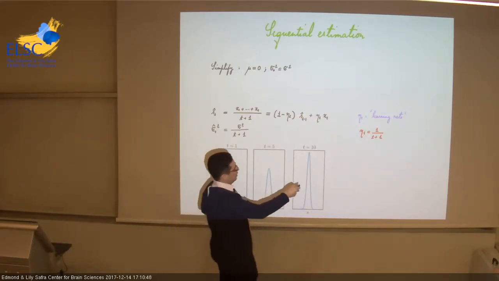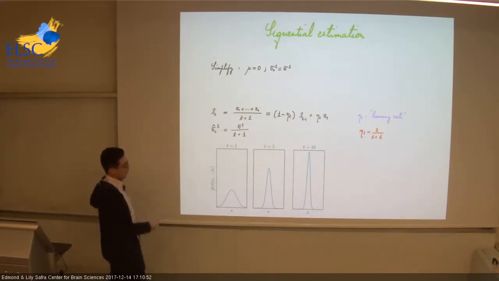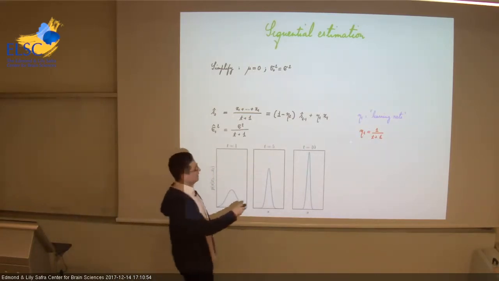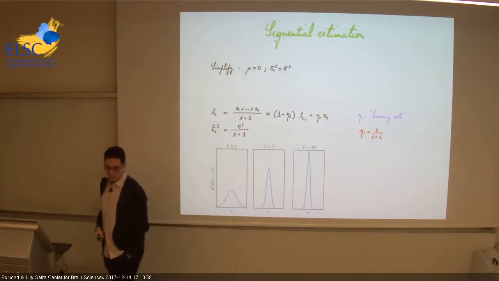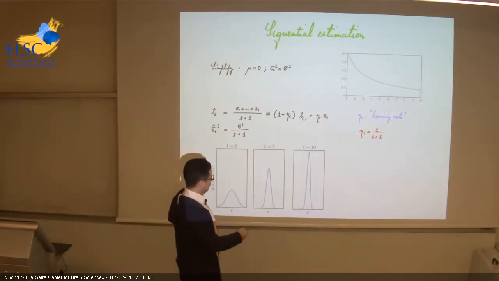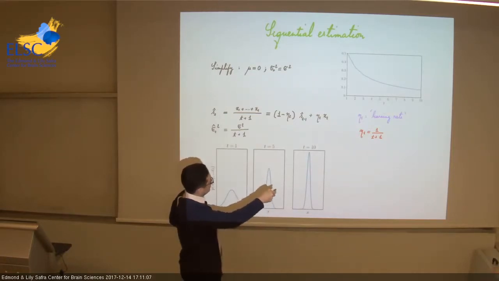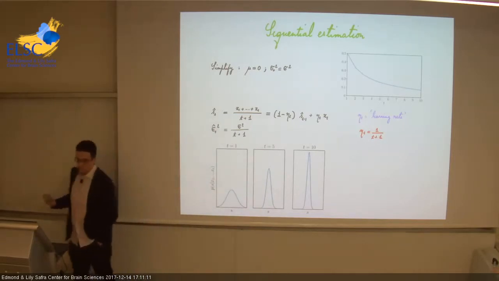And this eta I will call the learning rate. And because of this denominator here, because I'm taking a mean, this eta will decrease hyperbolically in time. Okay? Now, both the variance and the learning rate decrease hyperbolically, so after some time I will stop learning, basically.